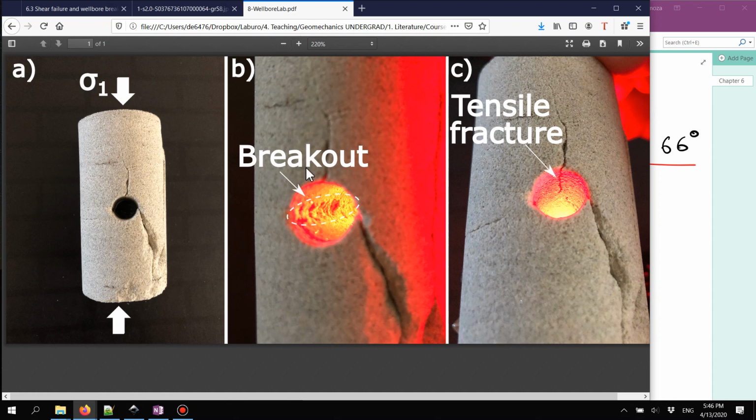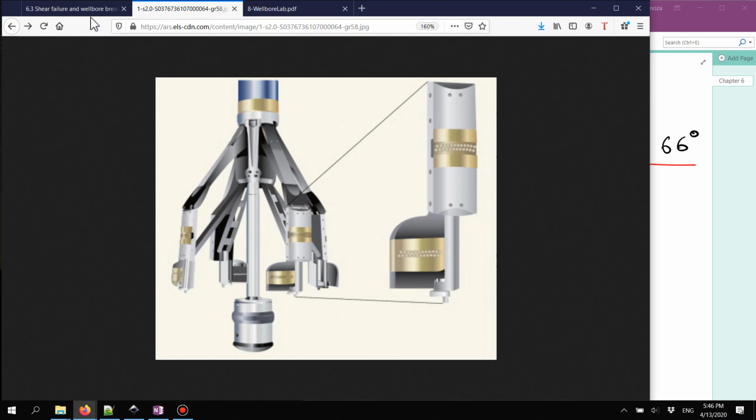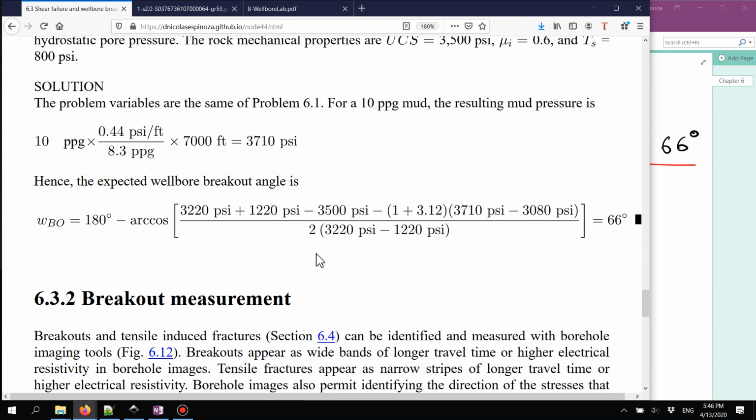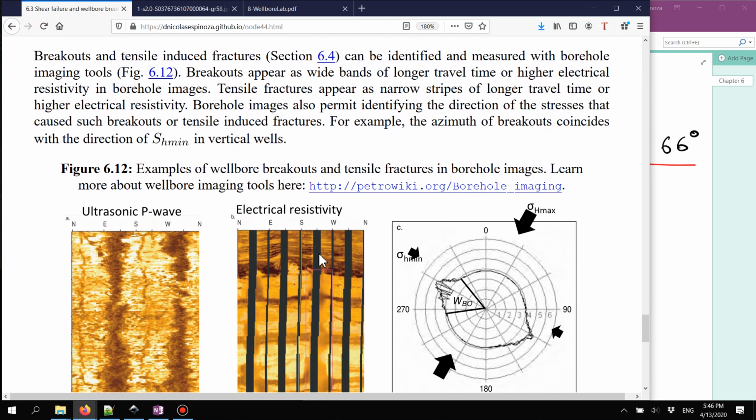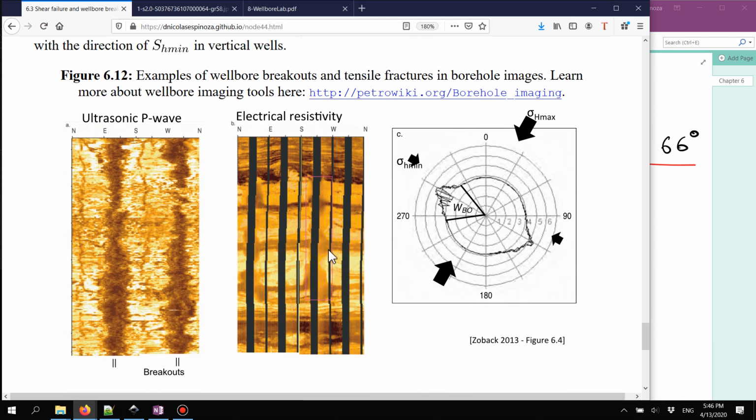Well, let's take a look at those in the wellbore. In the wellbore, we cannot take direct pictures. Sometimes you can run a camera, but it's a lot more useful to run a formation imaging tool.